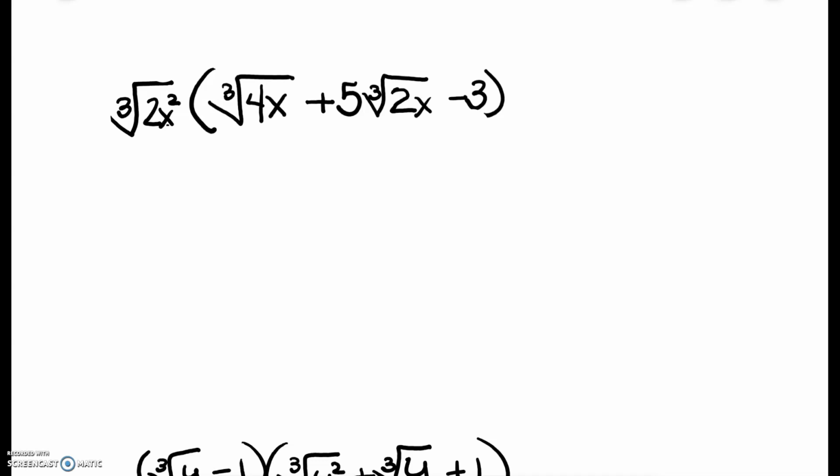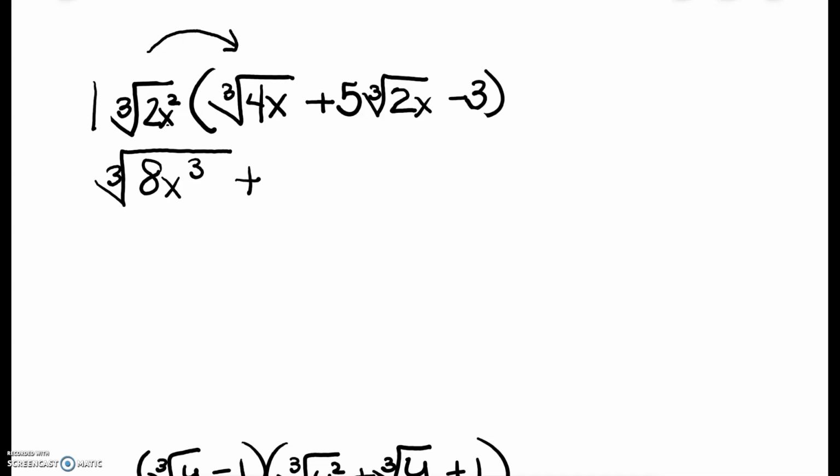All right, so I have all cube roots, so we can multiply what's underneath them. So let's take this cube root on the outside and distribute it across all 3 terms. So the cube root of 2x squared times 4x, I get 8x cubed. And then I have a 1 in front of this, remember?